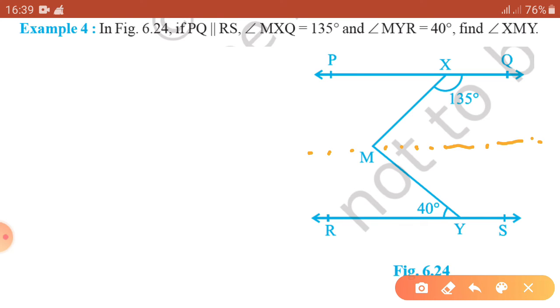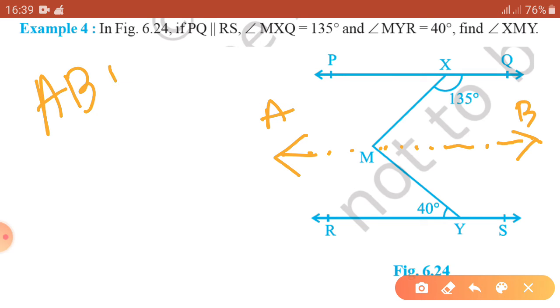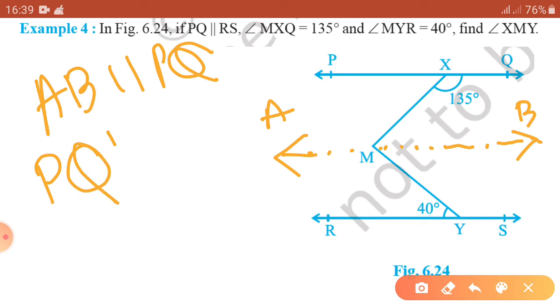So suppose this line is line AB, and it cuts here at point M. Now from this figure you can say that AB is parallel to PQ and PQ is parallel to RS.